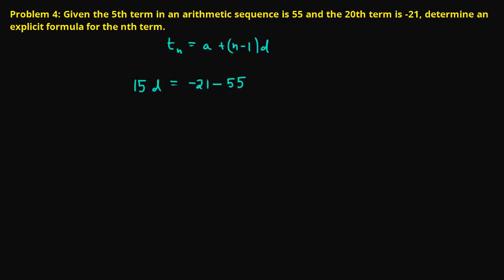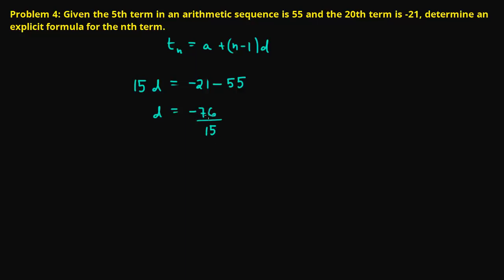In order to find the common difference, it is equivalent to negative 76 over 15. Can we simplify this? 15 is divisible by 5 and 3.